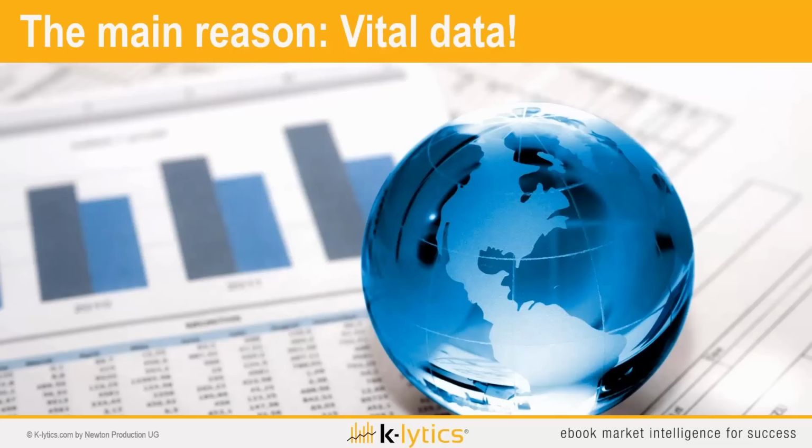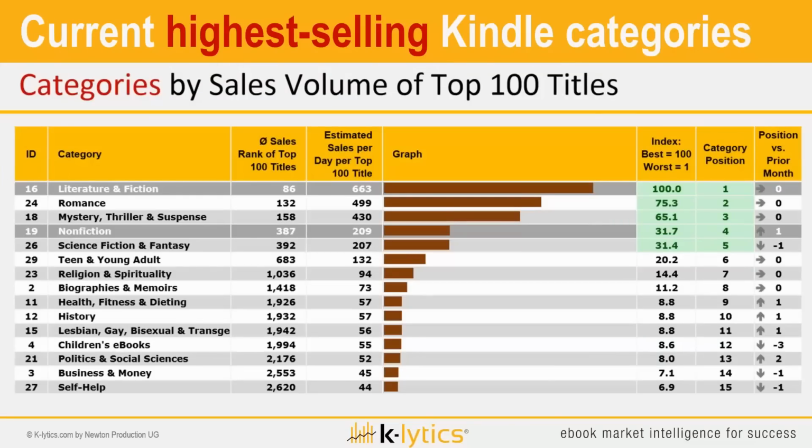Just scratching the surface, we talked about the performance of single books a minute ago. So imagine we looked at the performance of a single book, not just once in a webinar, but every day, for a couple of days, monitoring the top 100 titles in the bestseller list, and then computing an average.